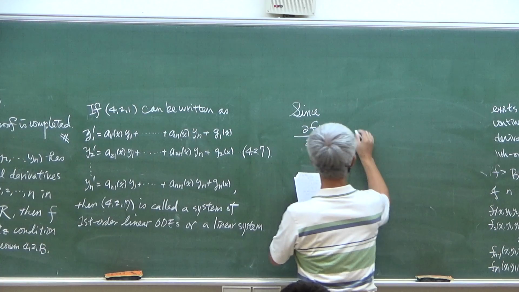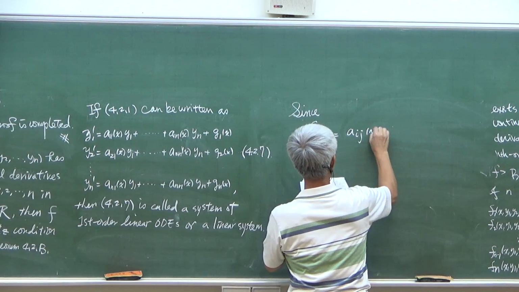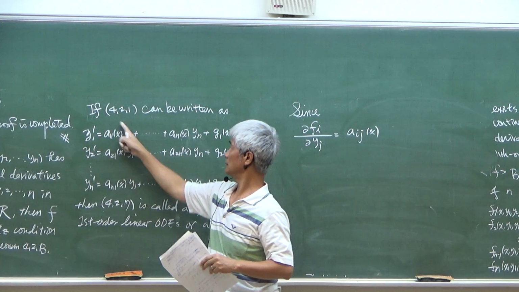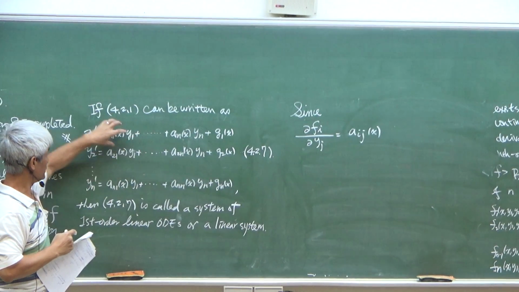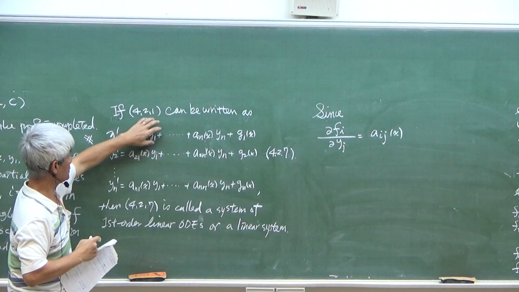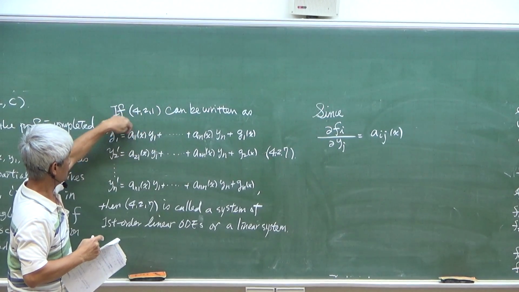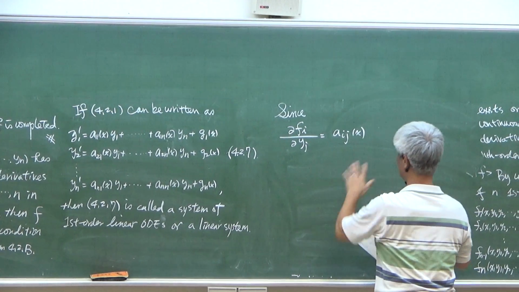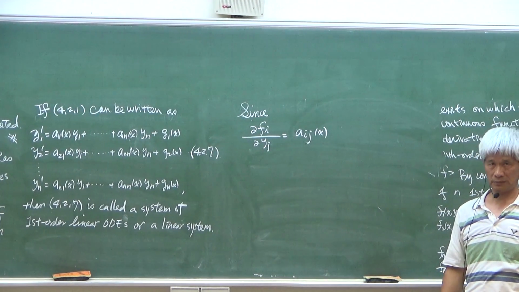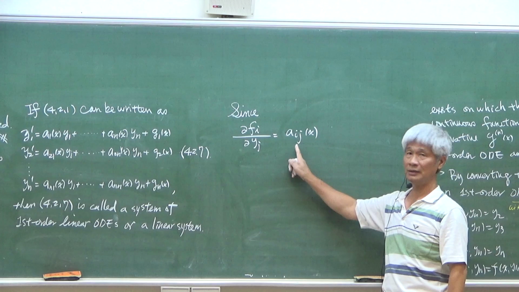We find that there is aij(x). For example, this is f1, so with respect to y1, we get a11. In general, the partial derivative is here. Any question about this result?